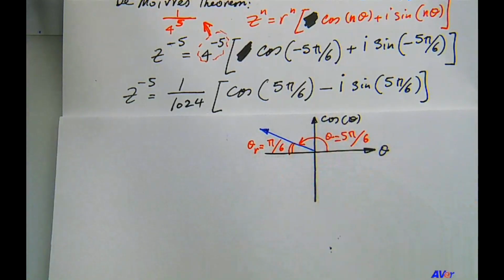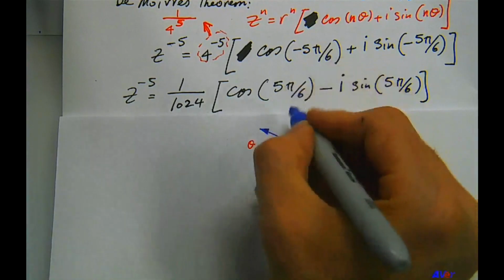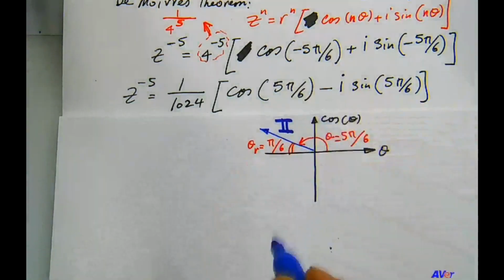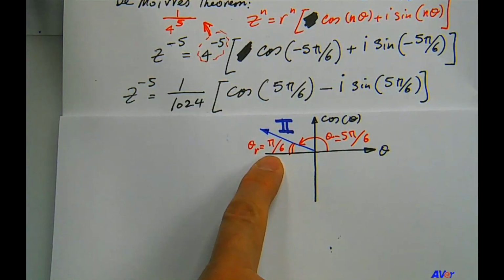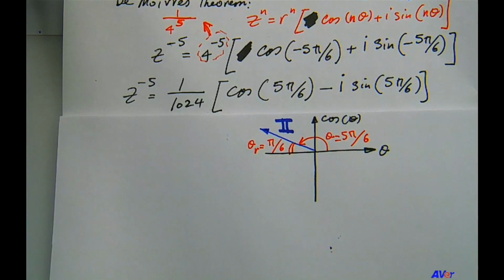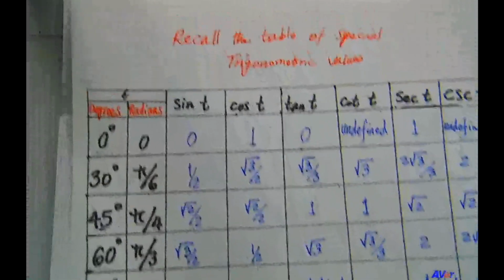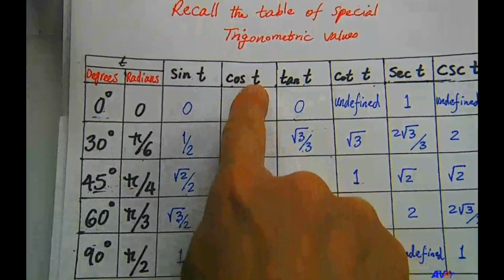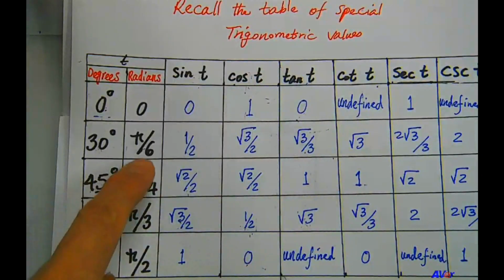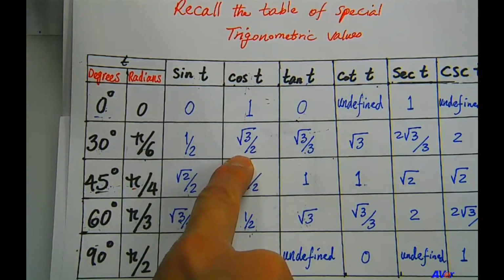And let's remember that we are in quadrant 2. The measure of cosine of pi over 6, we can get from our table of special triangle values. Cosine of pi over 6 is equal to square root of 3 over 2.